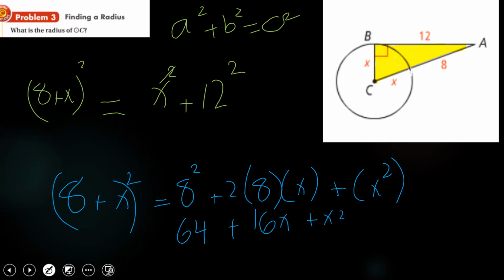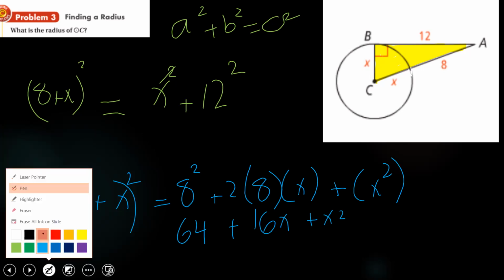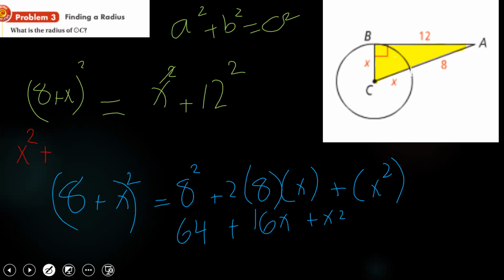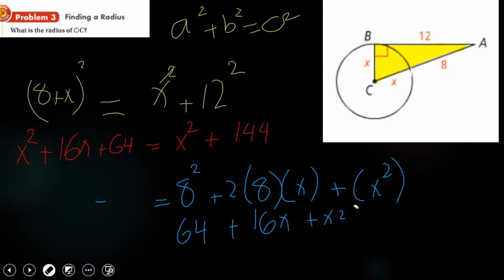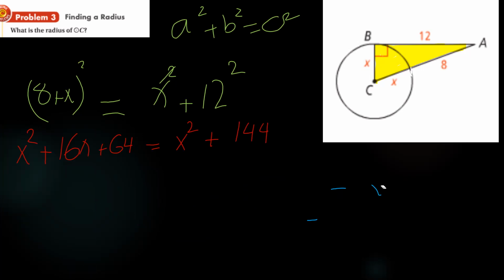Let's now write it up here. So x squared plus 16x plus 64 equals x squared plus 144. So what did we have?